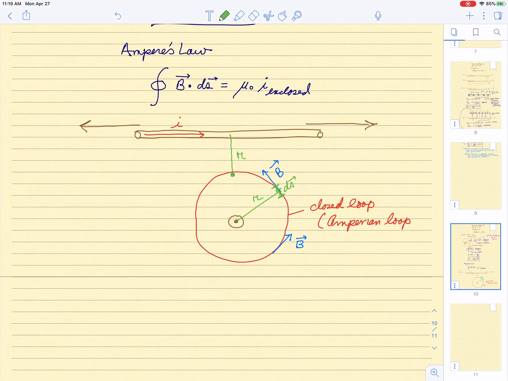And so now if we were to look at that dot product in the integrand, we would have B dot ds equal to the magnitude of B, the magnitude of ds, cosine of the smallest angle between them.